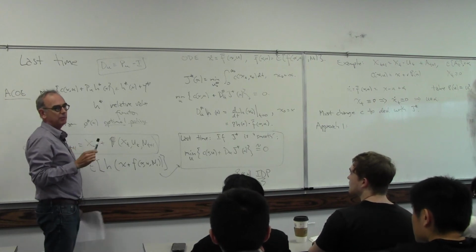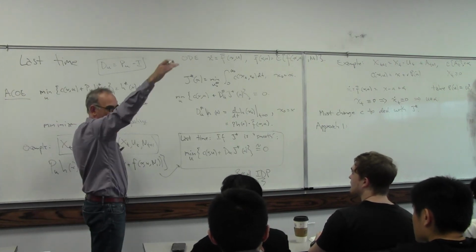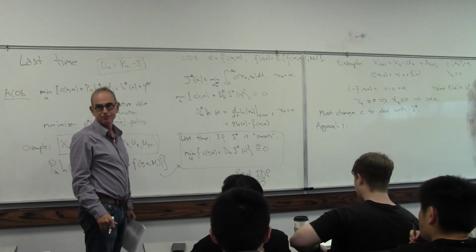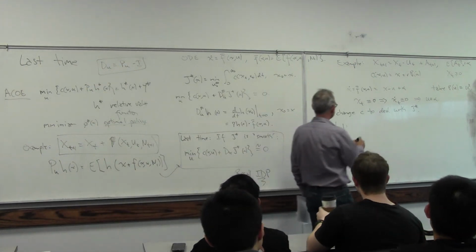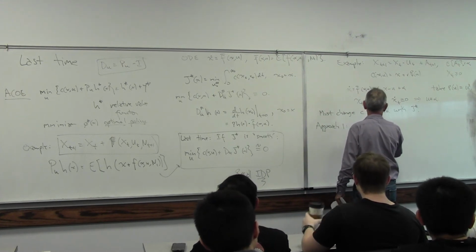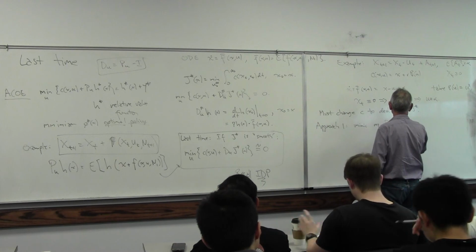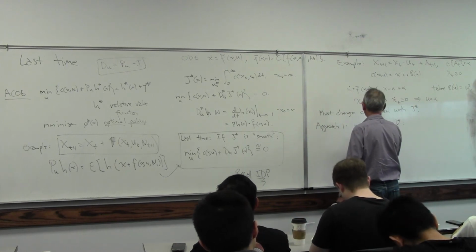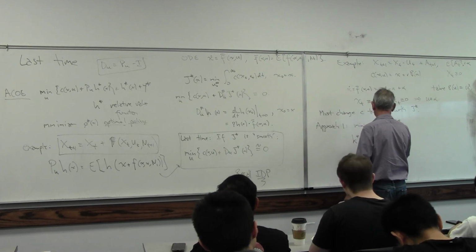I won't write it down again, but you could write it as an expectation of a sum up until reaching some state. In the notes I call it k star of x.